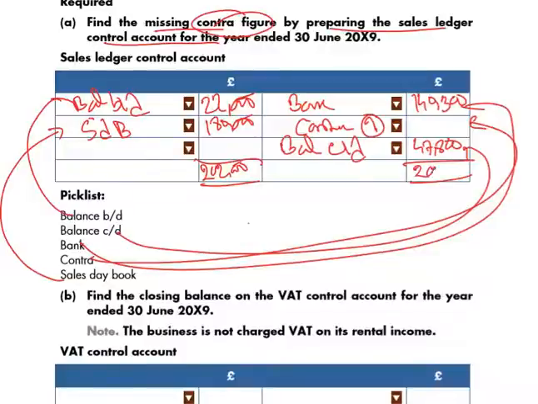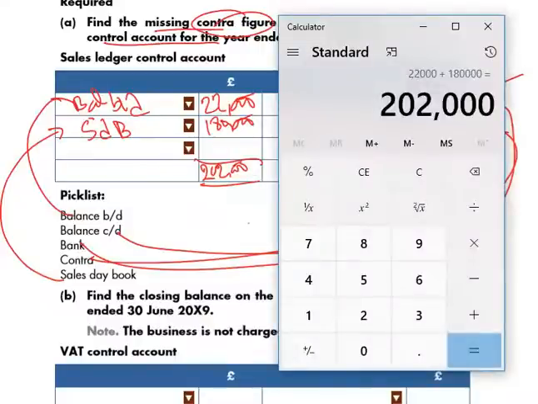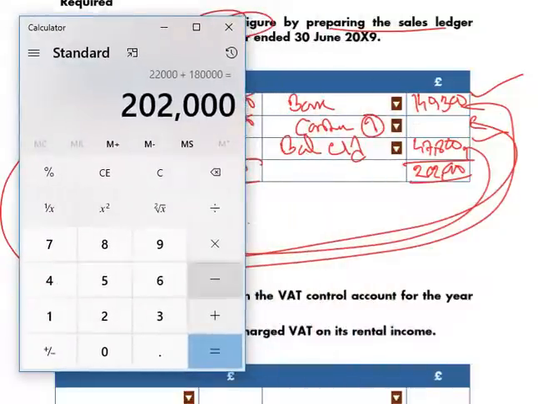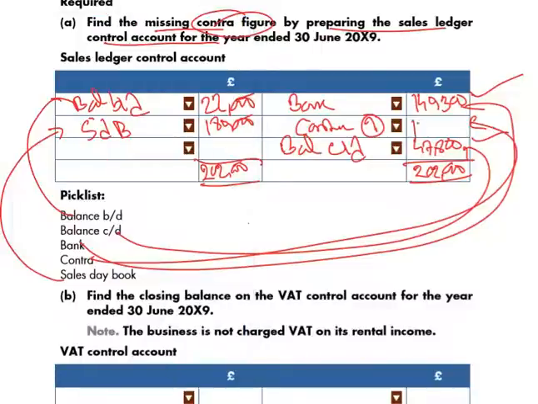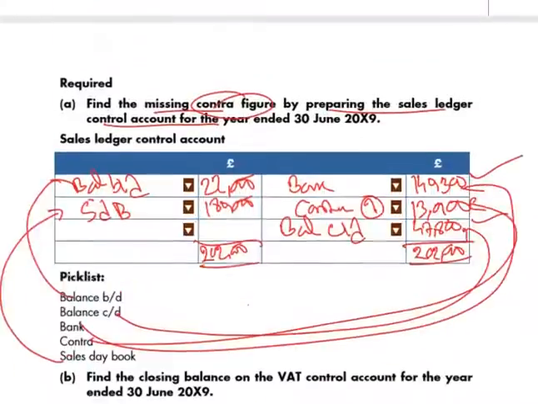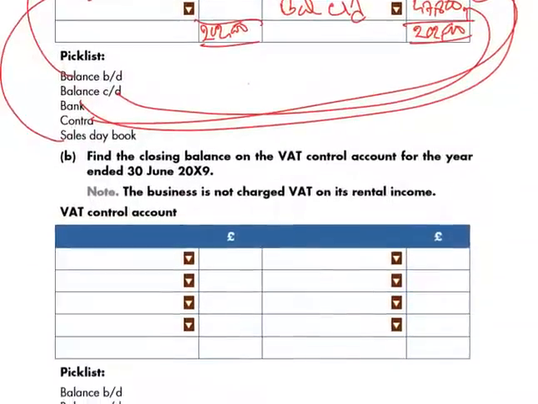Writing the other side, take away bank and CD: 140,300 minus 47,800, and you get 13,900. That's my contra. That was our A.